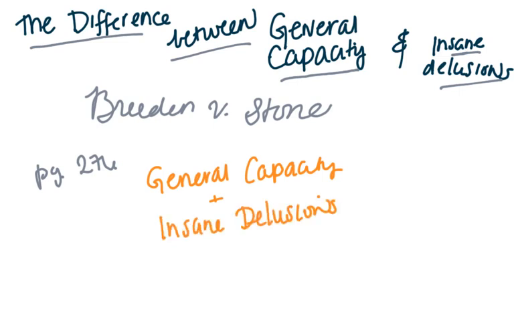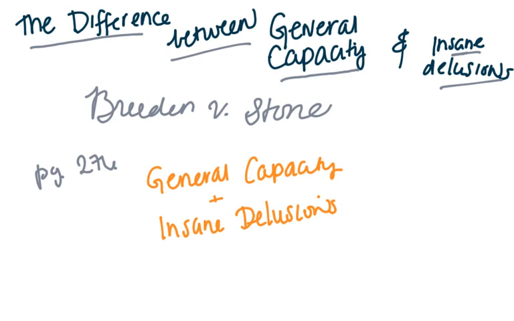The court held that despite Breedon's intoxication, Breedon had general testamentary capacity because they named their property and they listed their property in the note that they wrote. And they even gave the address of the will's beneficiary in the will.